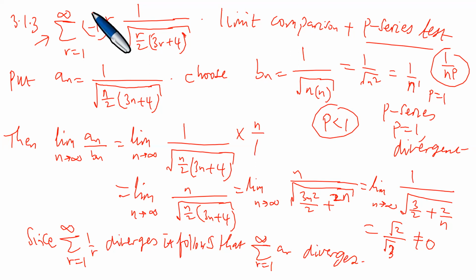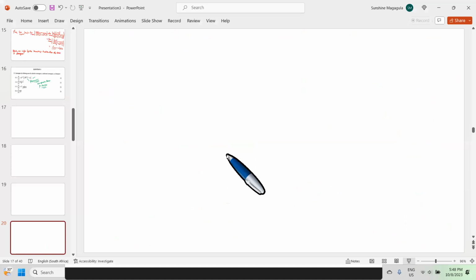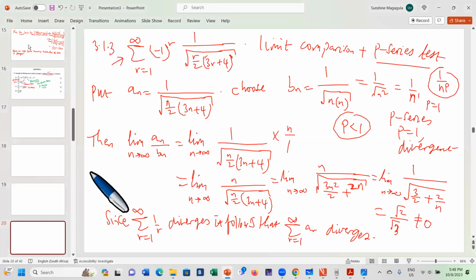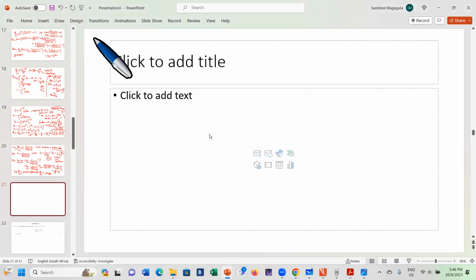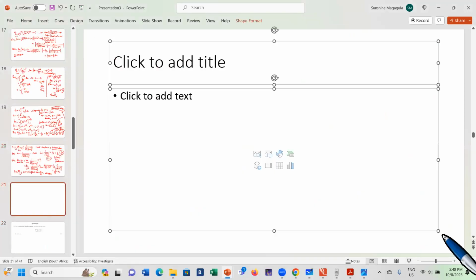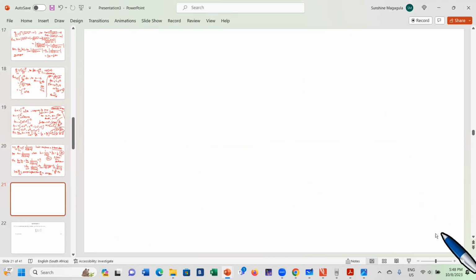But it's not the end, because the alternating series test can bring another condition here. So let me just add 2 more slides so that we can look at the alternating series test for this.